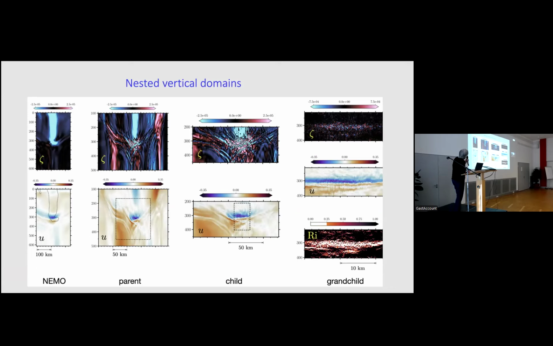And the grandchild. In the grandchild simulation, we find Richardson numbers that drop below a quarter. But our grid scale in the horizontal is such that we can't have overturning. We can't have KH instability because the horizontal resolution is not sufficient.